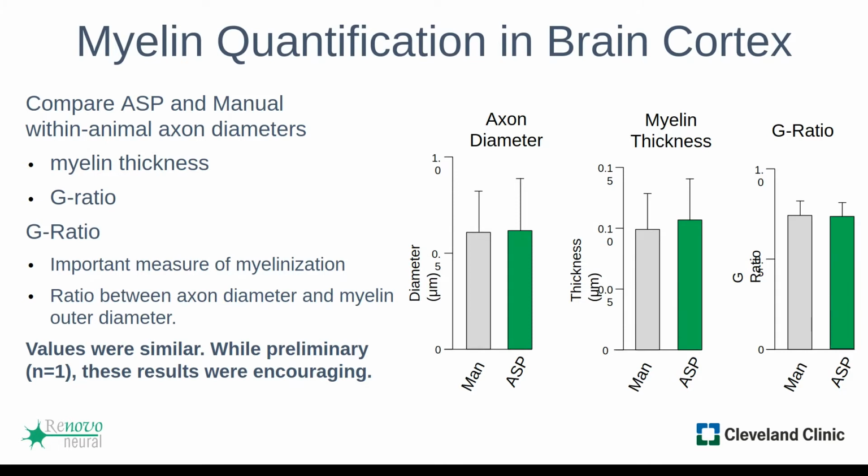So we looked at axon diameters, myelin thickness, and G ratios, and the values were similar between the staining methods. This was a good indicator for us that the ASP 1000 didn't cause any shrinkage, expansion, or rough up the tissue in ways that would have affected important ultrastructure and the resulting quantification.